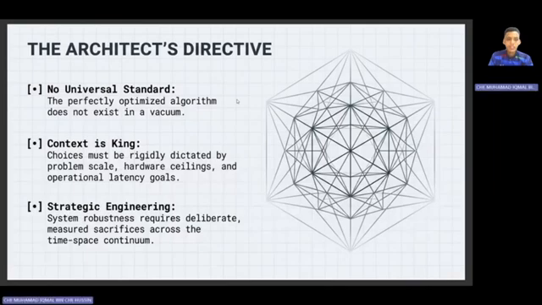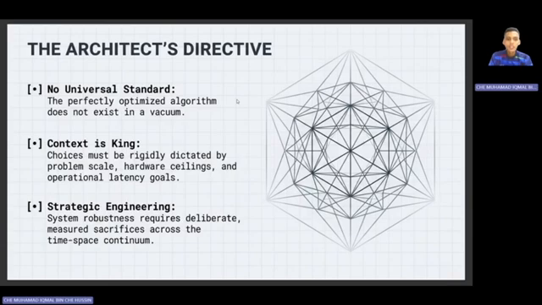And our slide 13, conclusion: the architect's directive. Slide content: no universal standard, the perfectly optimized algorithm does not exist in a vacuum.